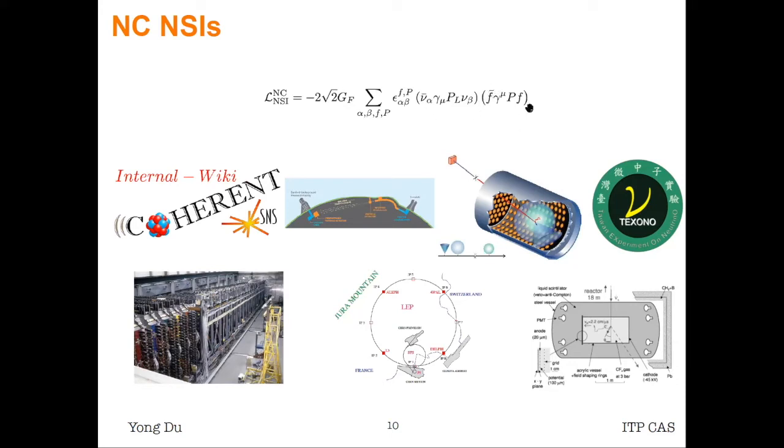In the quark case, meaning when f is the first generation quarks, this scenario has been extensively studied in the literature, for example by the COHERENT experiment, LSND, NuTeV, CHARM-II, and MINERvA, etc. In the future, DUNE will become an even more powerful tool in searching for these neutral current NSIs.